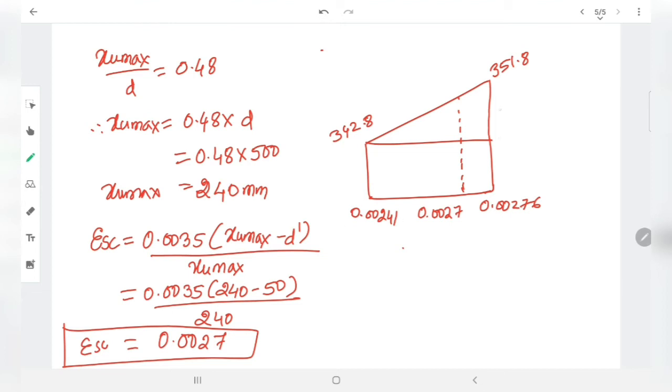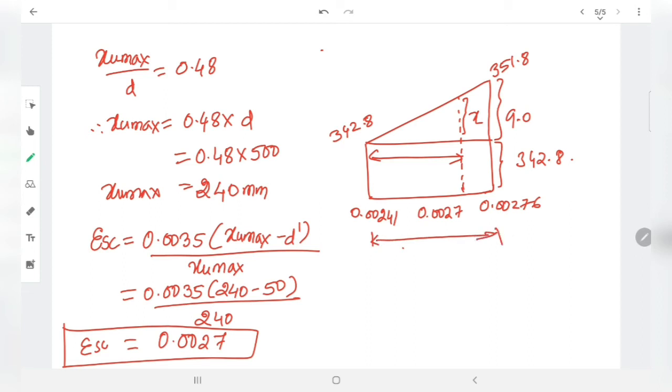So this value is known to you. That is, 351.8 minus 342.8 is equal to 9.0. This is 9.0. This is the unknown value, which I will write as x, and this value is 342.8. You need to find this and this.